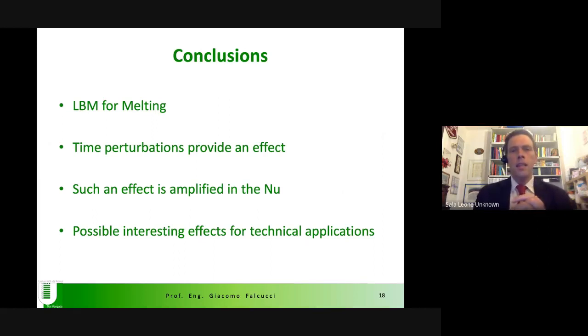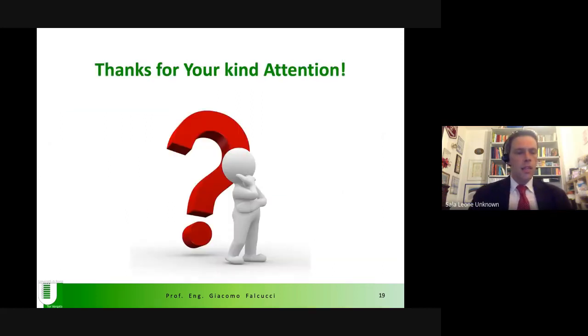But this amplification that we have just seen in the last slide for the Nusselt number may provide some interesting effects for technical applications, in order to try to solve the problem of too low thermal diffusivity and thermal conductivity of these phase change materials. So thanks for your kind attention, and I'm here for your questions.